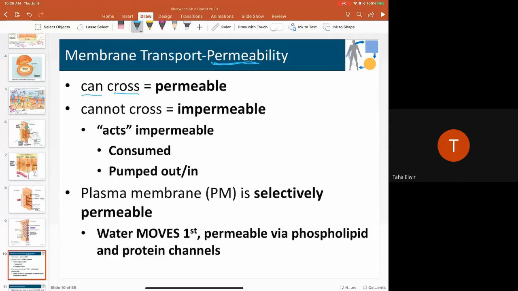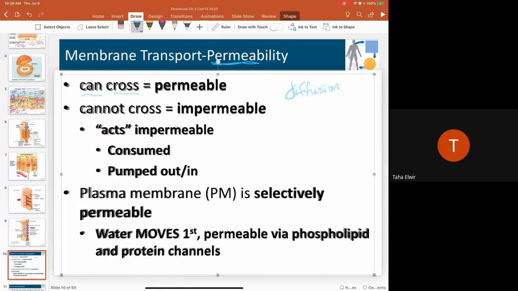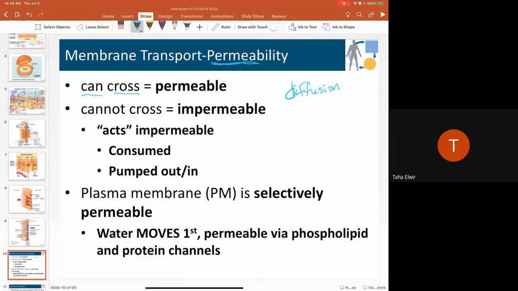We're going to be talking about simple diffusion, and what's called secondary active transport, which is really diffusion, but it's depending upon a gradient that's established by active transport.